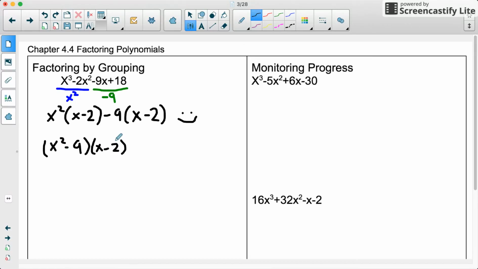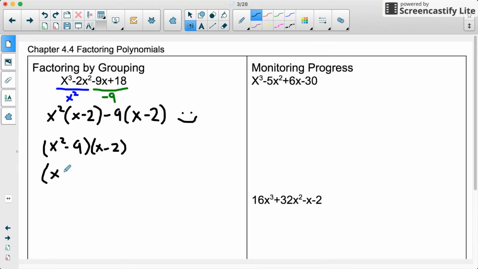x minus 2, we can't factor anymore, but x squared minus 9 is a difference of squares. In this case, we're looking for factors of 9 that add up to 0, or have a sum of 0. And I know that 3 times 3 is 9, and positive 3 plus negative 3 is 0.